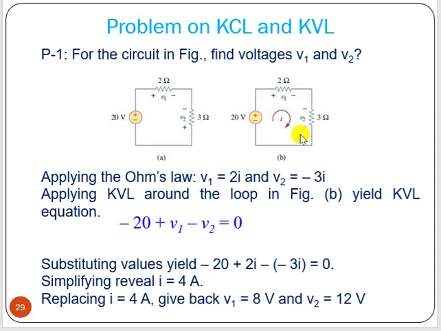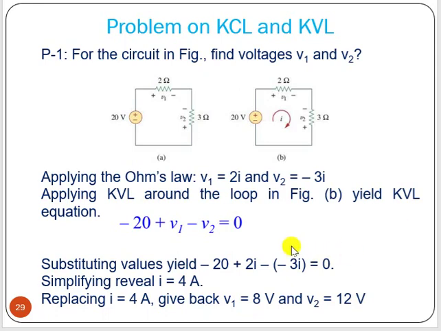Now substitute the values of V1 and V2 here, and we can find the value of I, and put the value of I in the V1 and V2 equations. You will get the values of V1 and V2.